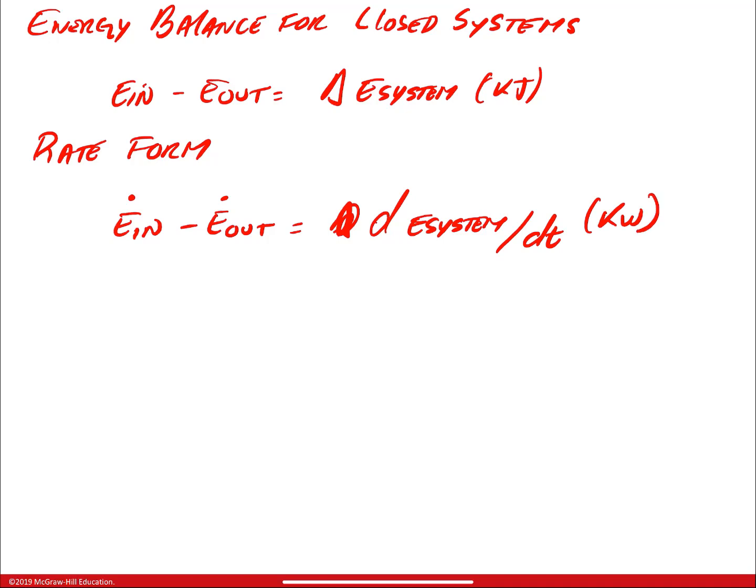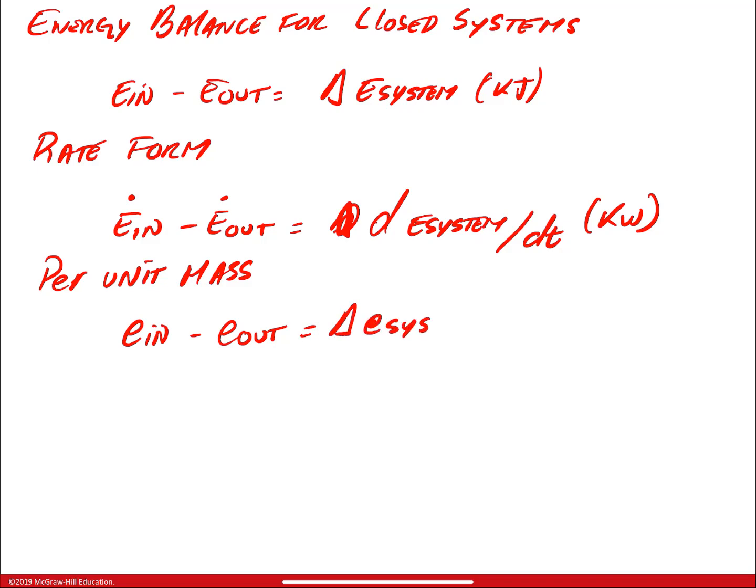We also have another way of expressing this equation, per unit mass: energy that comes in minus energy that comes out equals the change of the energy of the system, and this is in kilojoules per kilogram.